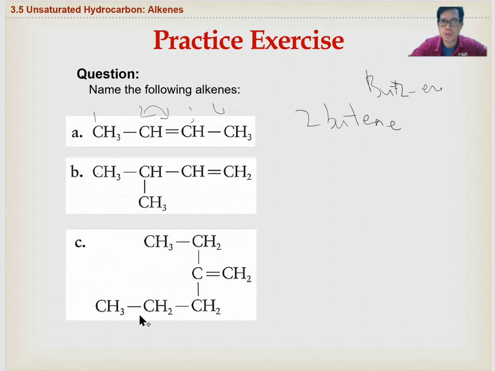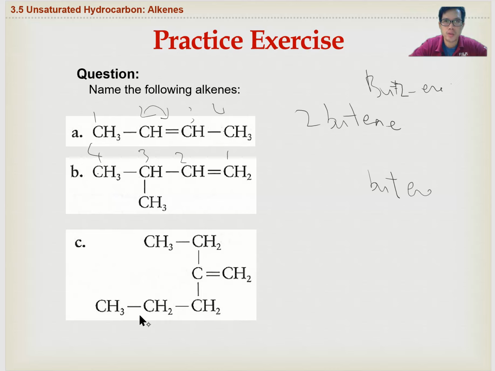So here in this case, you need to include the lowest number. 1 2 3 4 as well, the same. In this case it's 4 carbons, so it's but-, and it will be butene as well. In this case it will be 1-butene, looking at carbon 1.